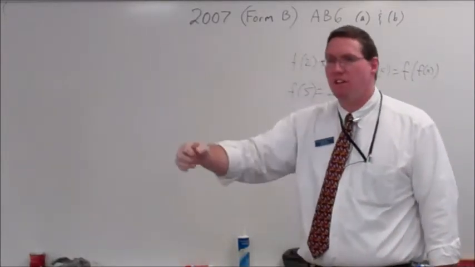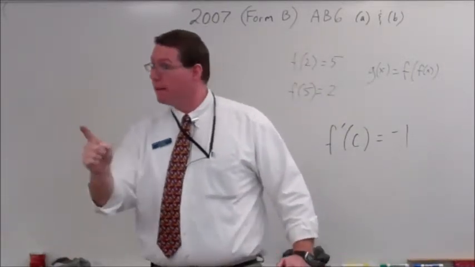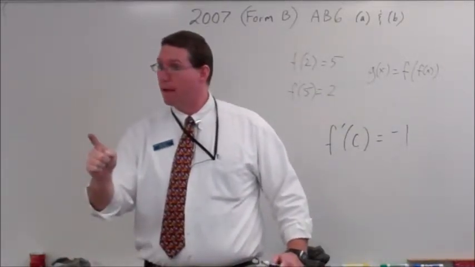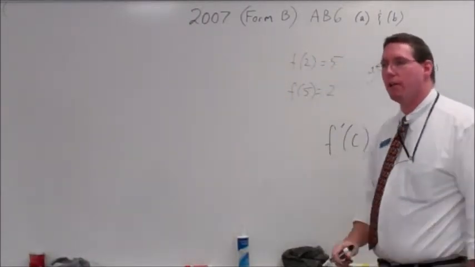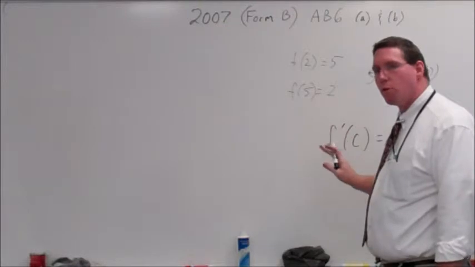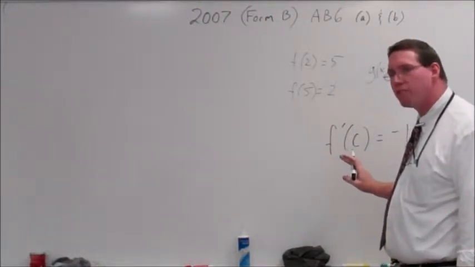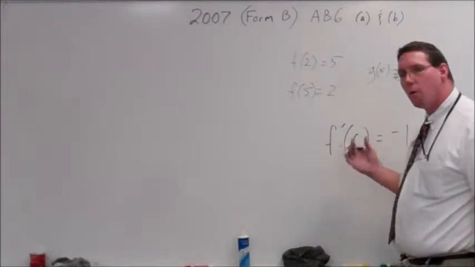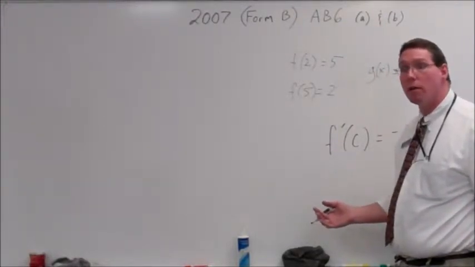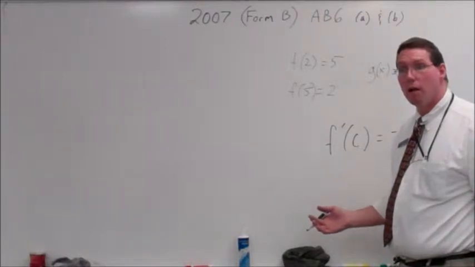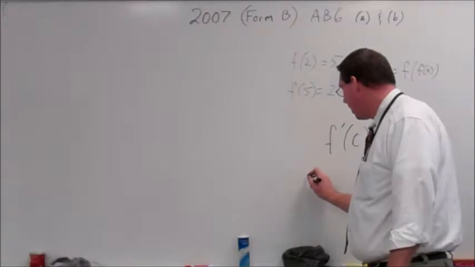If it's continuous and differentiable, then f of b minus f of a over b minus a is equal to the average rate of change. In order for the mean value theorem to apply, we have to have an average rate of change of -1 on the interval 2 to 5.